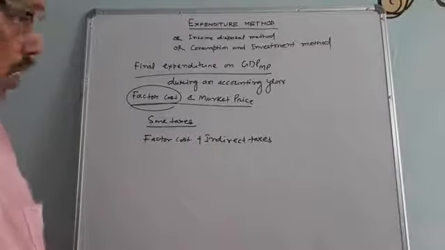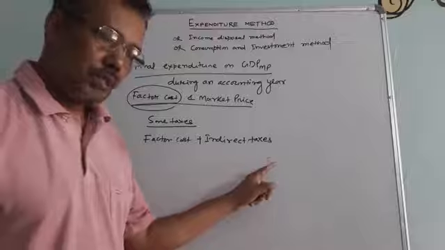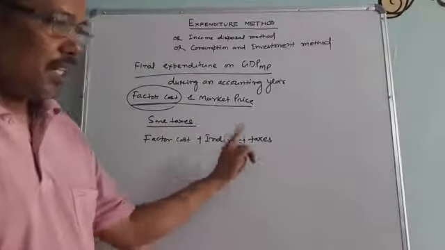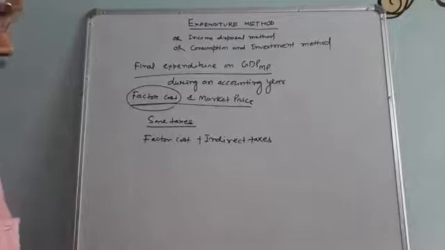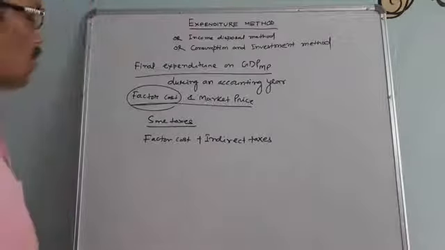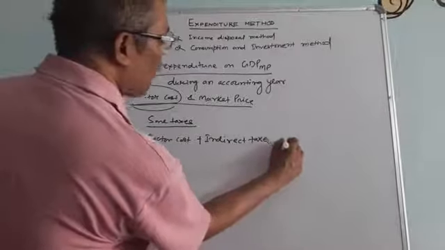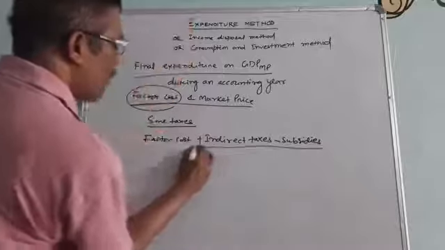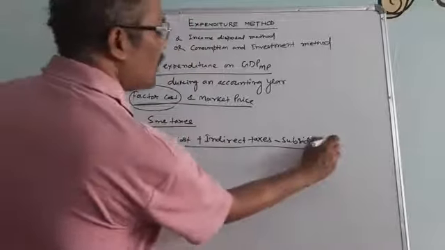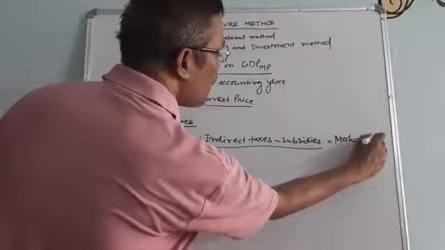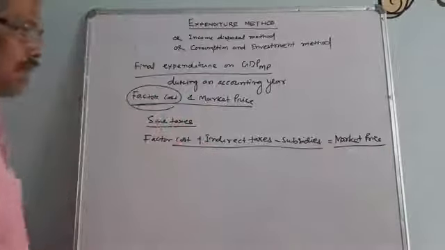If there is no subsidy, let the subsidy be 0, then factor cost plus indirect taxes is the price at which it is sold in the market. If the government gives subsidies, then the subsidies are to be deducted. So minus subsidies, then we will get the market price, at which the goods are sold in the market.